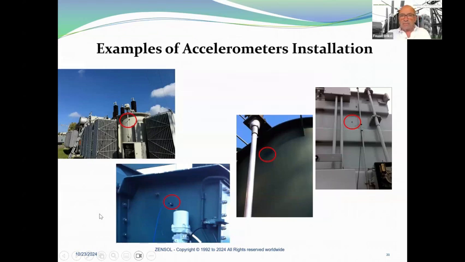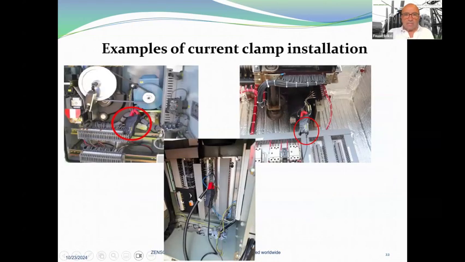So here you have examples of accelerometer installation. As I told you, you have to look for where your tap changer is, like here you see, and then you try to put it close to the tap changer and the part of the diverter transition.